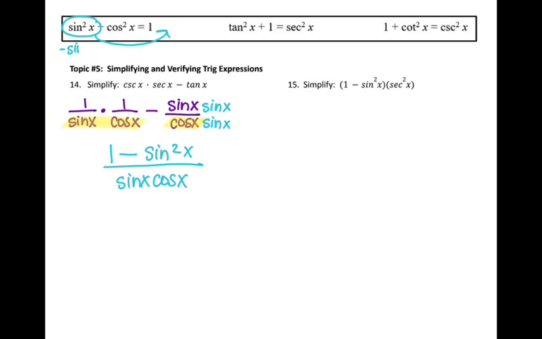So when I subtract sine squared from both sides, that leaves me with cosine squared of x equals 1 minus sine squared. So really, this numerator right here is equal to cosine squared of x.